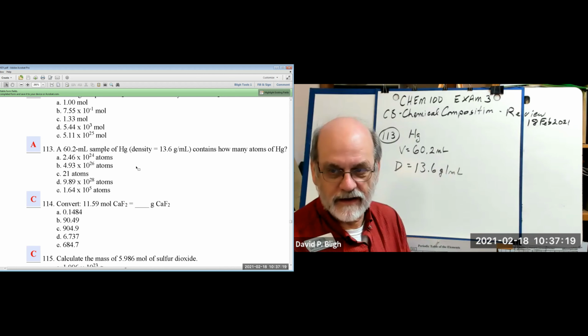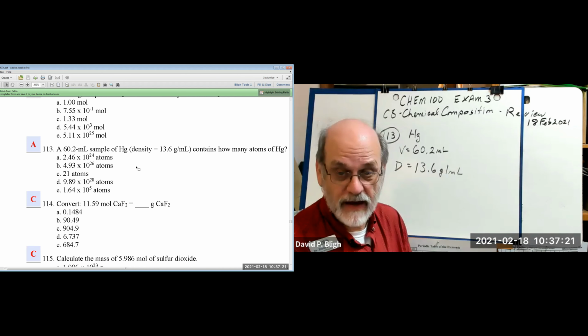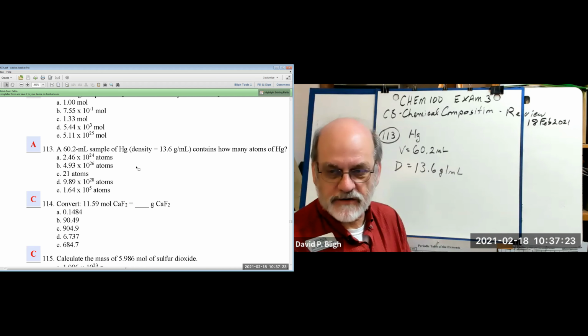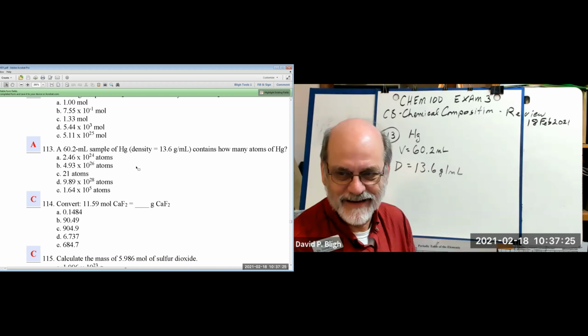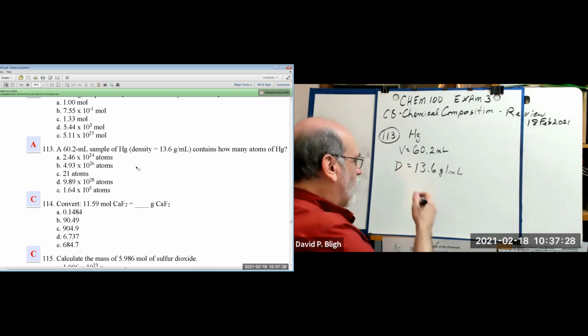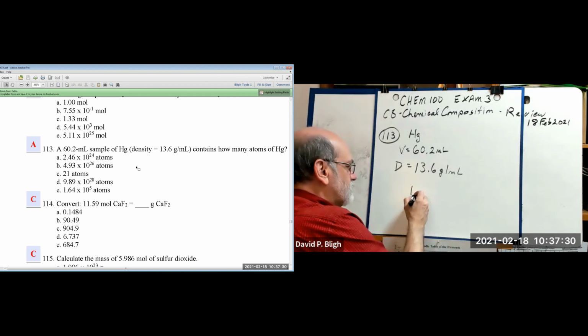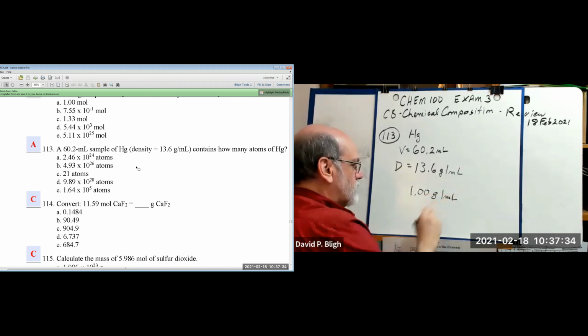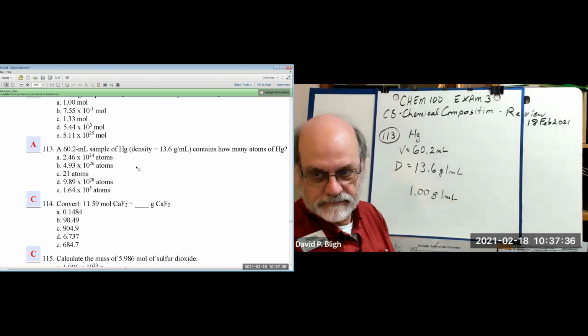Water was readily available, pure water, in fact, but he wanted something a little more portable. So water has a density of roughly 1 gram per milliliter.